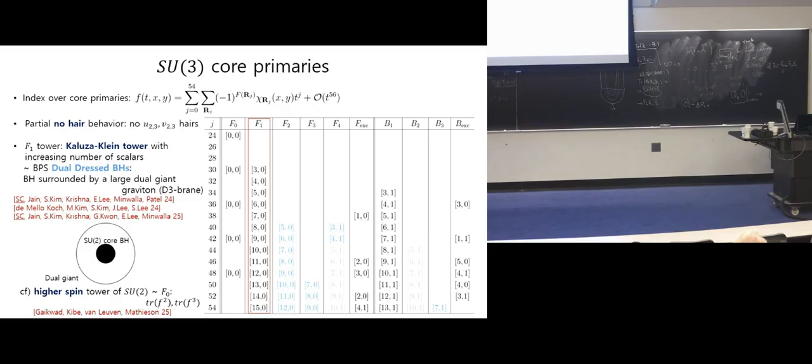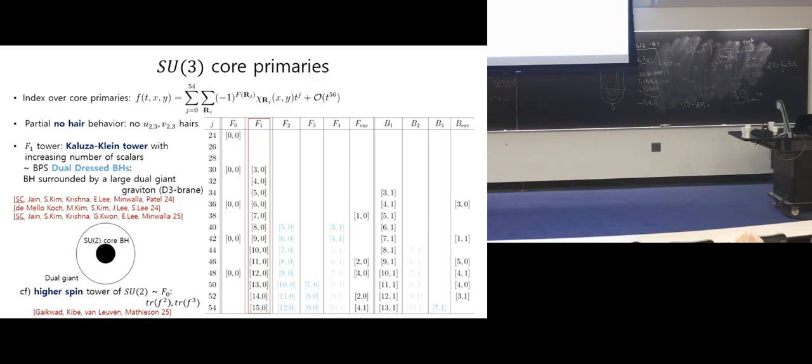So this tower is the SU3 singlet tower, which was explained by Samuel Leuven's talk. And this is analogous to what we found in SU2 theory. So in SU2, at least for the core primary, all fortuitous operators are SU3 singlet. But now we have plenty of SU3 non-singlet.